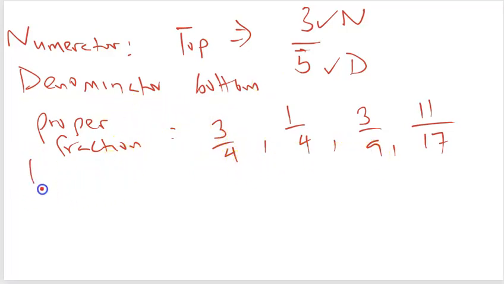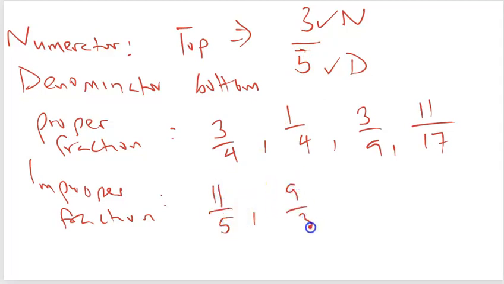Okay, an improper fraction is one where the numerator is always bigger than the denominator. For example, 11 out of 5, 9 out of 3, 7 out of 6, 2 out of 1. These are all improper fractions.